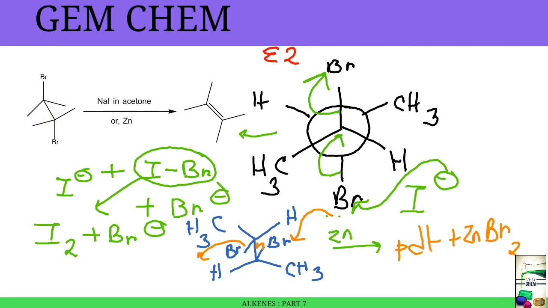Here one must be CH3 on this carbon and here one must be CH3 on this carbon. So ultimately we get an E alkene. Okay. Now we see a function of this. Here we have known about halogenation, and now we have come to dehalogenation.